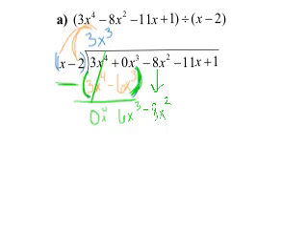Basically, you're just repeating the process from here forward. So you're saying, what times x gets me 6x cubed? 6x squared. So, is it positive or negative 6x squared? Positive.